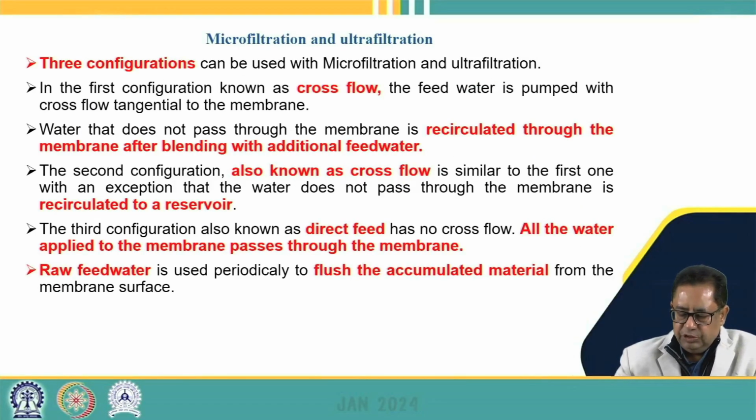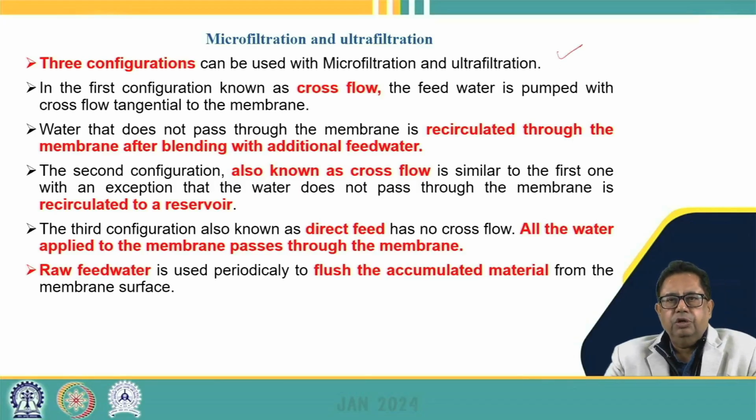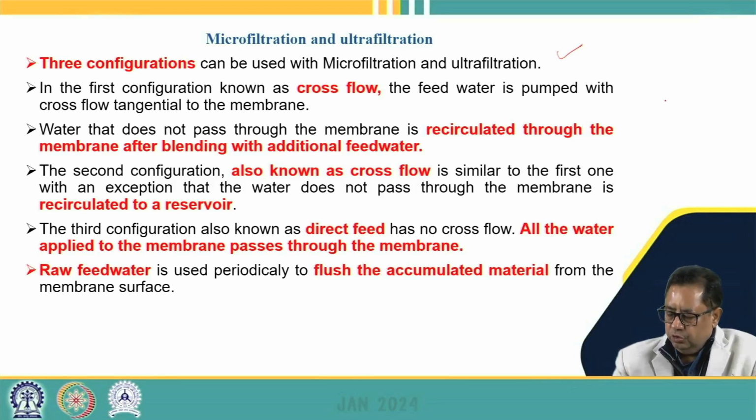So three configurations can be used when we are using microfiltration or ultrafiltration. The first configuration is called cross flow. When we have a membrane here, we pass the feed water tangential to the membrane surface. So this is the feed water being applied to the membrane. Cross filtration means the water is passing at 90 degrees to the membrane.